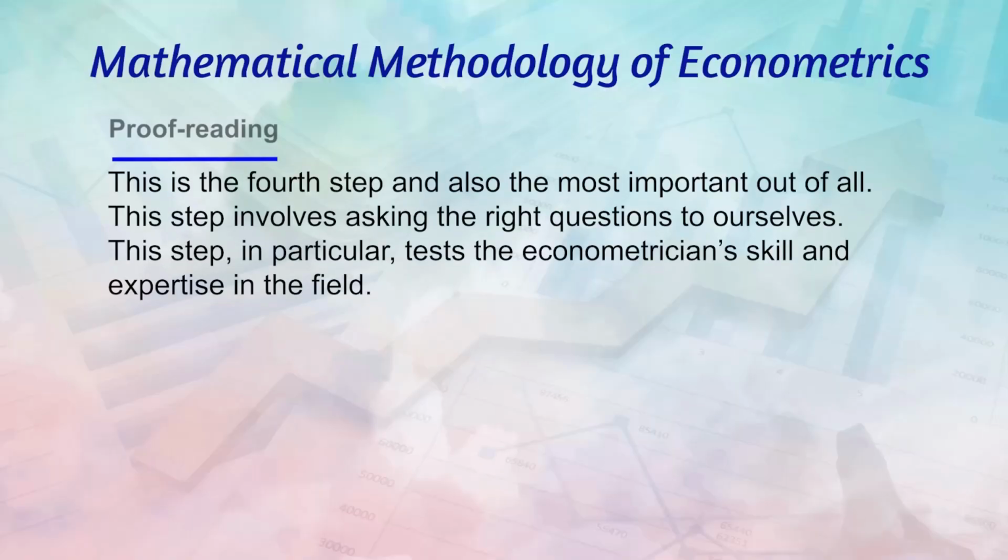Now on the basis of all these factors, we need to find out the term of proofreading, which may deal with any kind of research manuscript, but in econometric modeling also there is an element of validity. It is the fourth step and the most important out of all. Why? Because it involves asking ourselves whether the results we are getting confirm the theory, or whether any other explanation can be provided for the result.